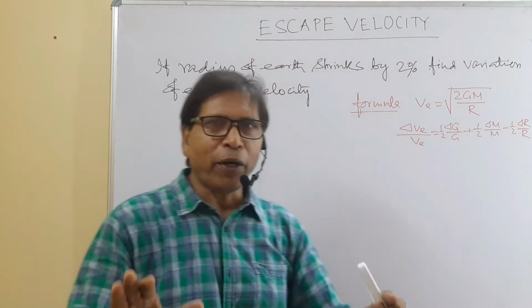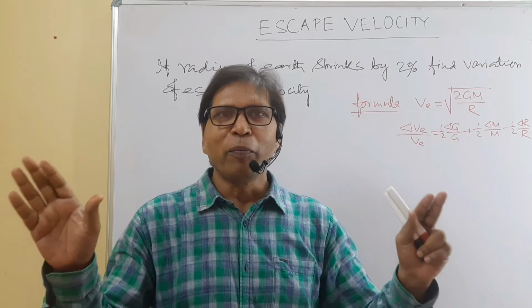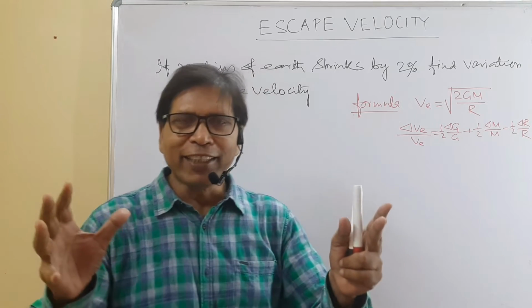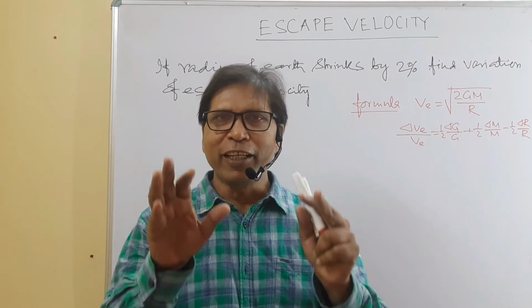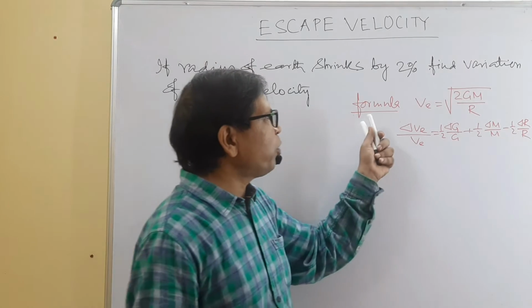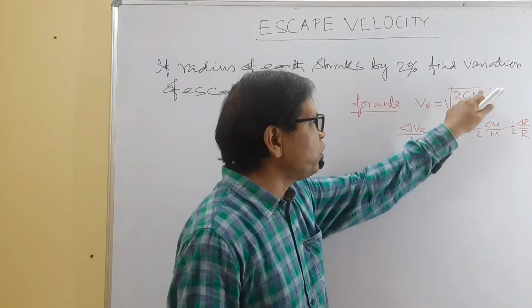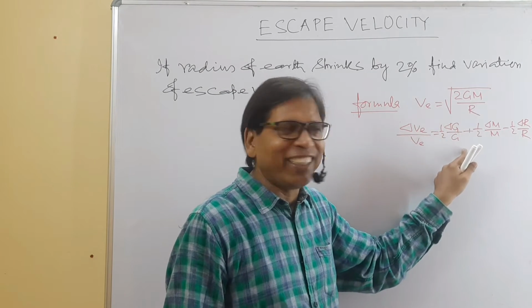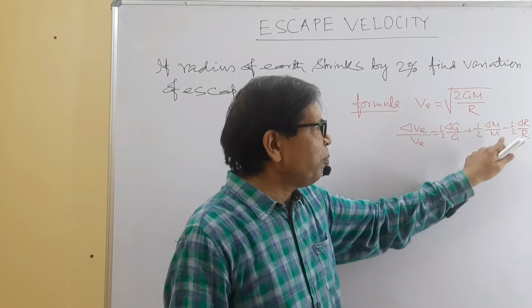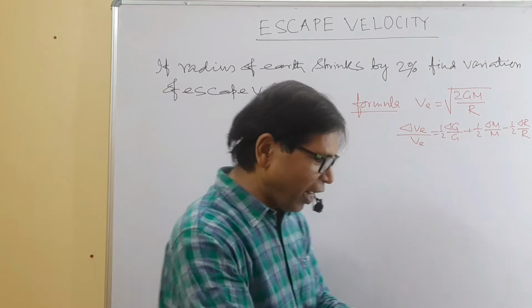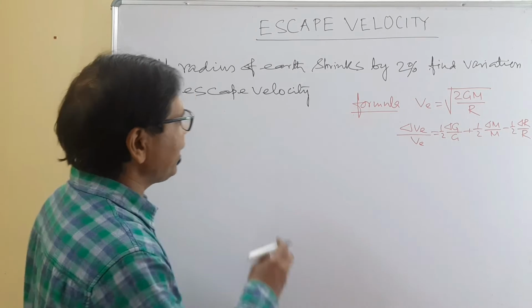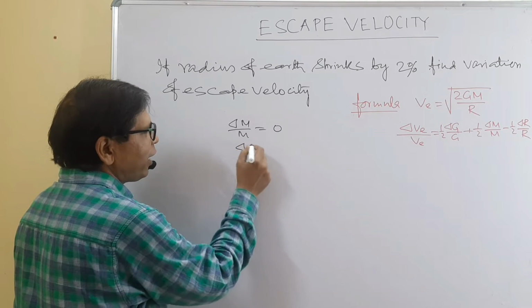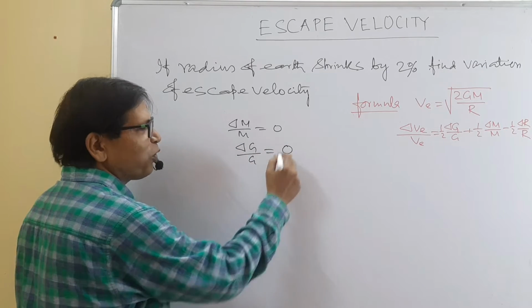If the radius of Earth shrinks by 2%, find the variation of escape velocity. As the Earth shrinks, only the radius changes; its mass remains the same. The required formula is V equals root over 2GM by R. So delta V by V equals half delta G by G plus half delta M by M minus half delta R by R. Delta M by M equals 0. Delta G by G is also constant, so this is also 0.